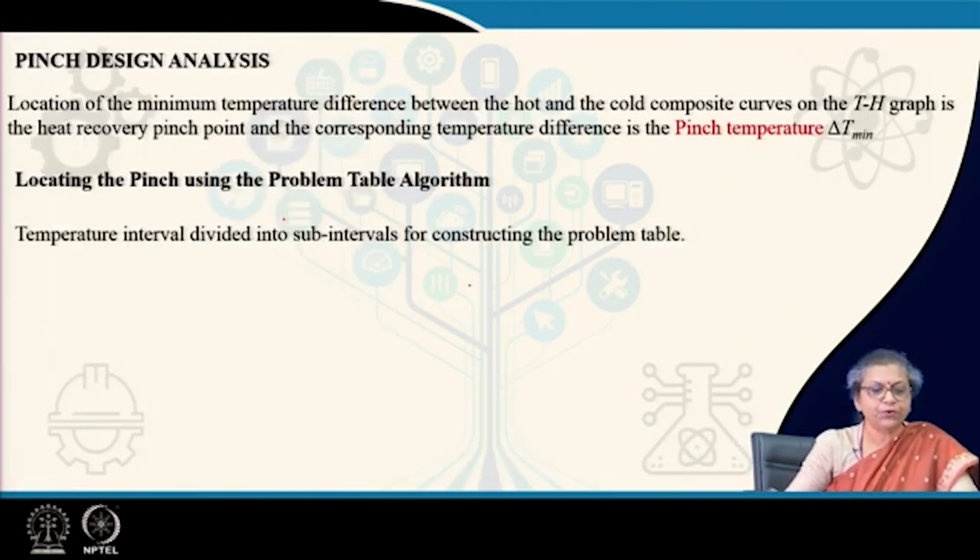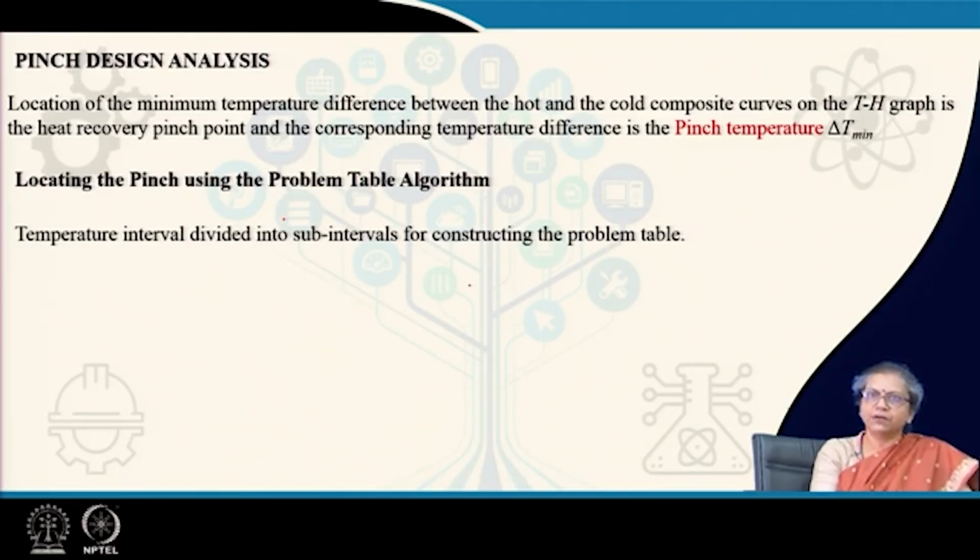Well, so we have discussed the stream analysis, or rather the pinch design analysis for a multi-stream problem, and we have used the composite curves for graphically determining the location of the delta T min.